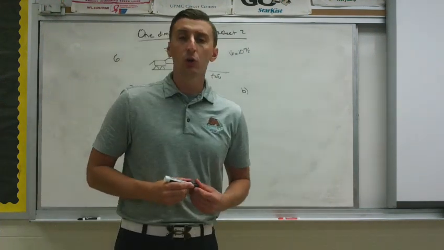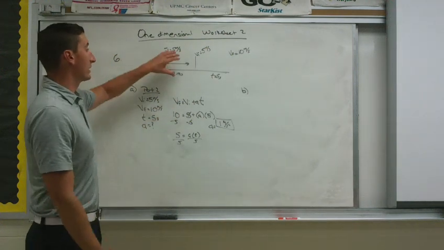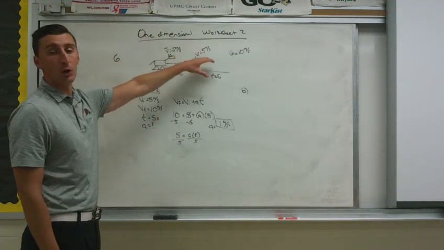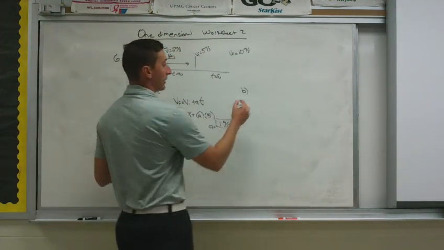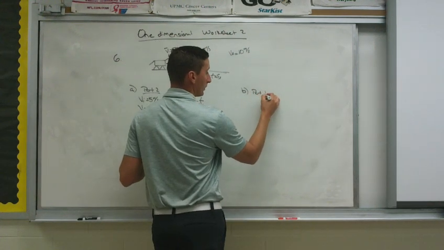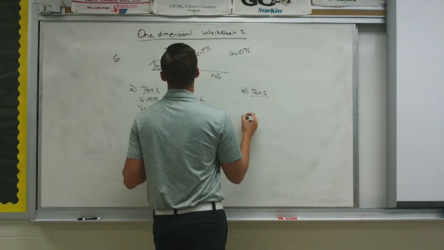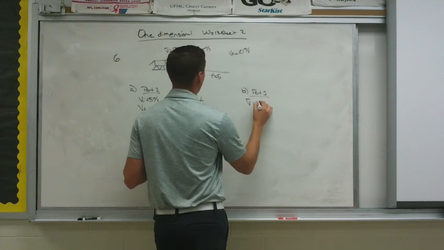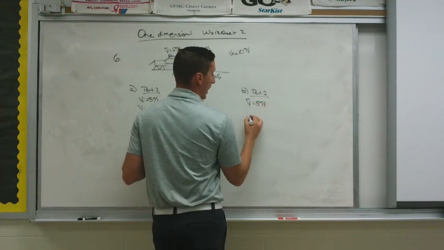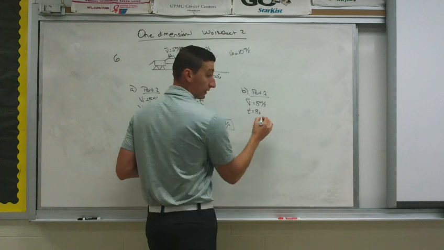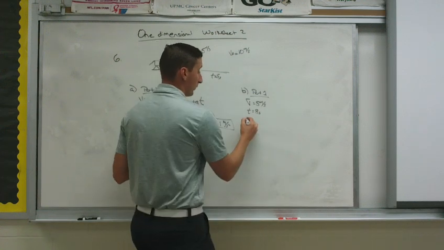B asks, how long is the driveway? So we got to break this up. We got to find the distance in part 1 and in part 2. So for part 1, it's pretty easy. Part 1. I know that my average velocity is 5 meters per second. I know my time is 8 seconds. All right? I'm looking for delta x.